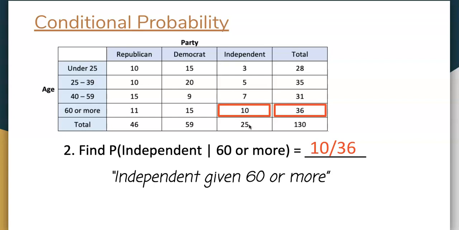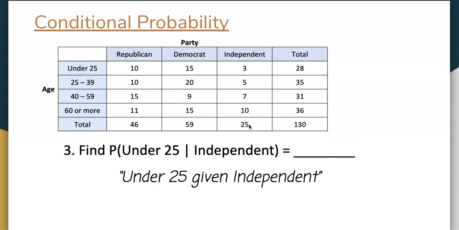I just have one more, the last one. Probability that a person is under 25 given he or she is in the independent group. So what is the denominator this time? We're looking at how many of them were in the independent group, and that was 25 for my total.